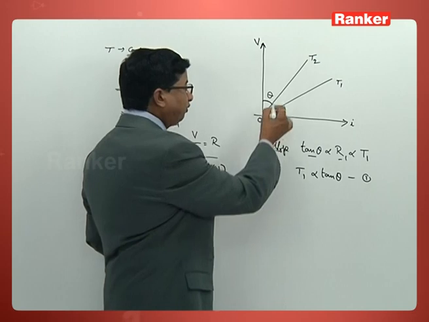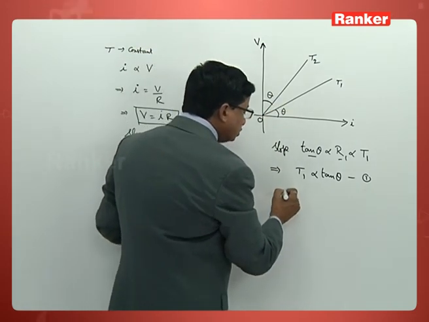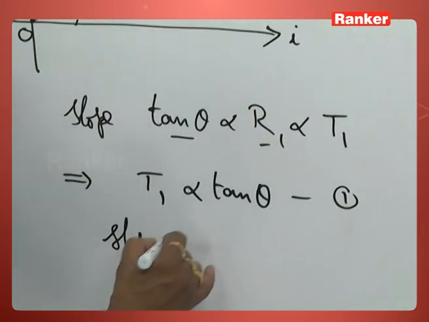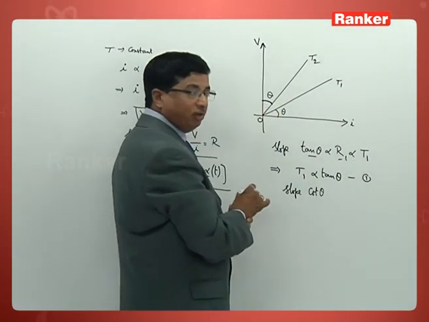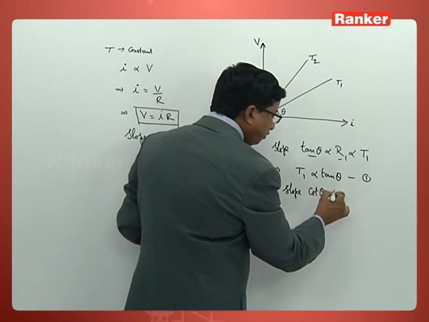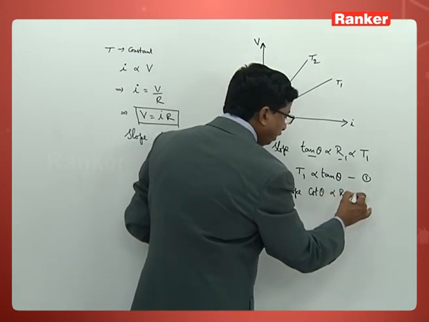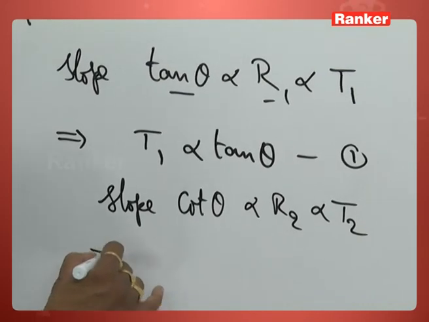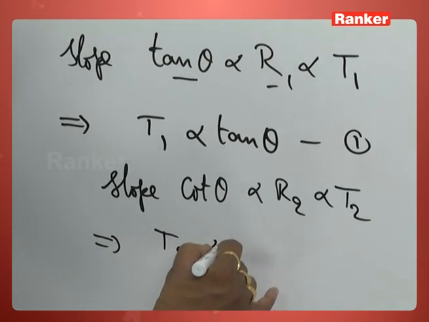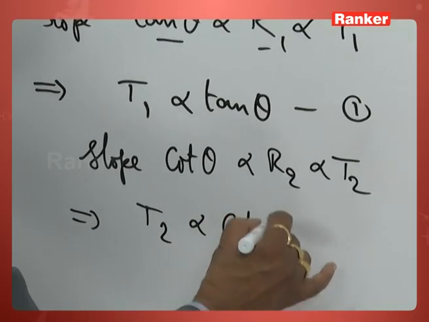So for the second one, the slope is cot theta this time, because this angle is given over here. That is proportional to R2, which is proportional to T2. So T2 is proportional to cot theta.